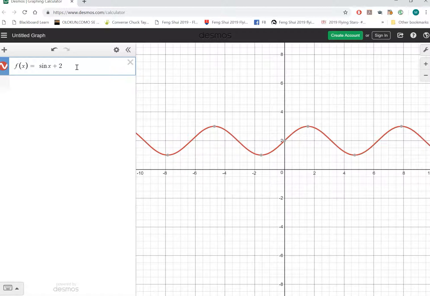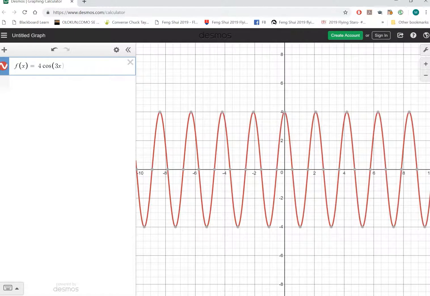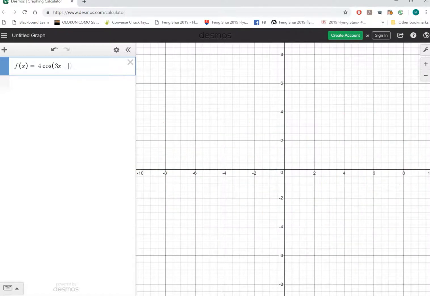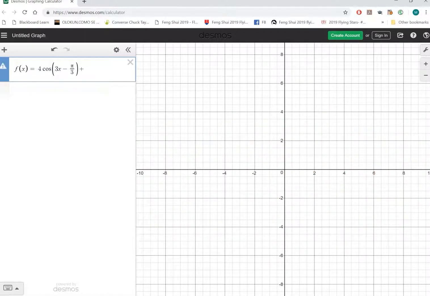Let me do the cosine question number 38. So you have f of x equals, with an amplitude of 4, cosine of 3x minus pi over 2, pi over 3, and this is plus 2.